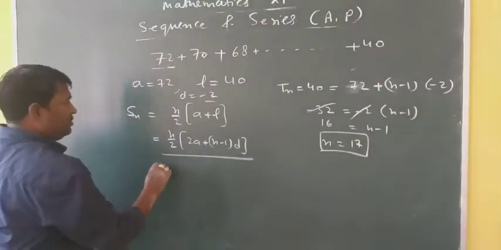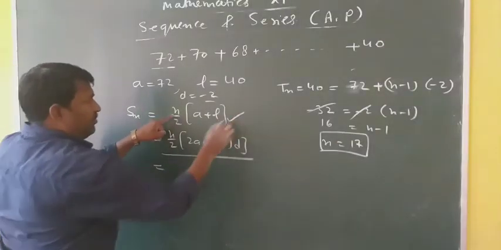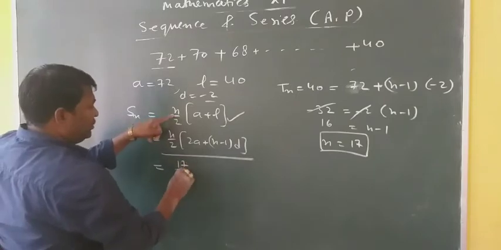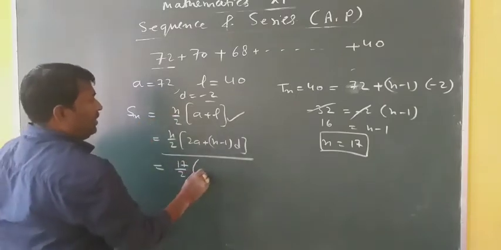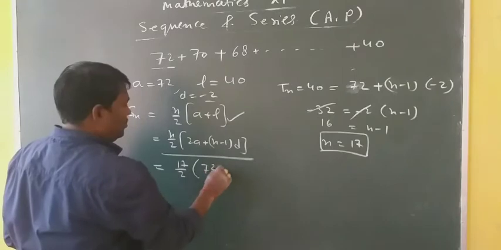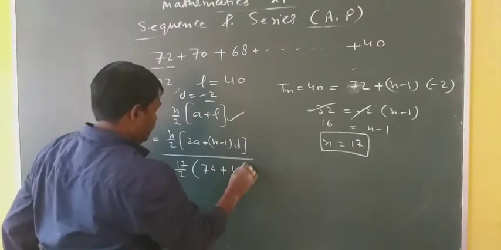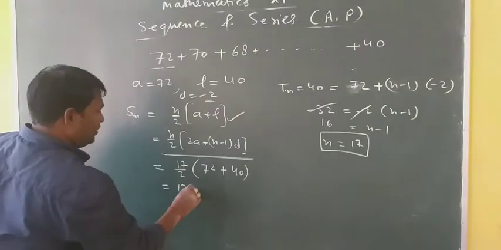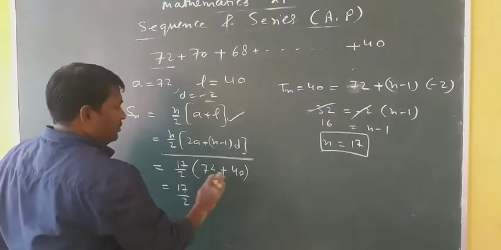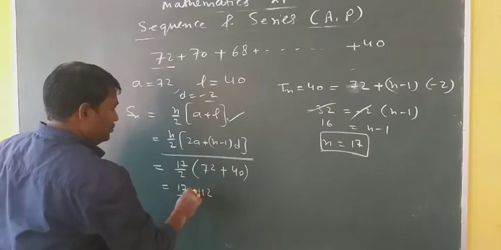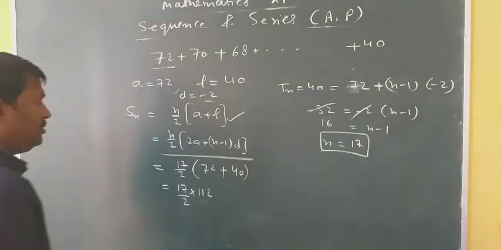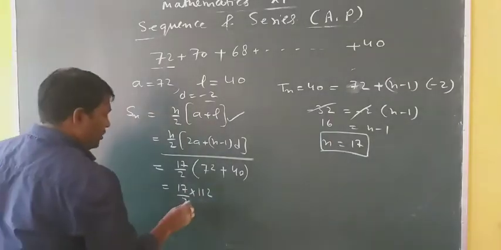Putting it in this formula, 17 by 2, a is 72 plus l is 40. So 17 into by 2 into 112. Is it? Alright.